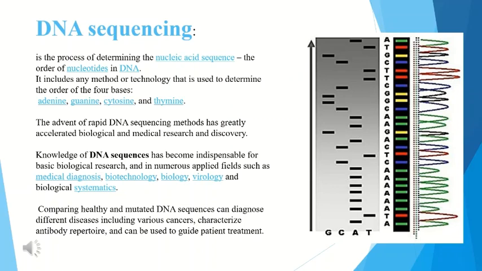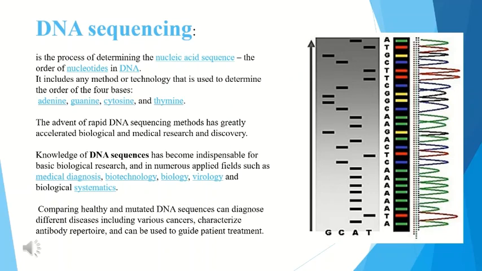The advent of rapid DNA sequencing methods has greatly accelerated biological and medical research and discovery. Knowledge of DNA sequences has become indispensable for basic biological research and in numerous applied fields, such as medical diagnosis, biotechnology, biology, virology, and biological systematics.